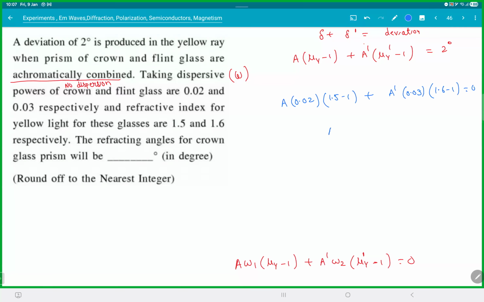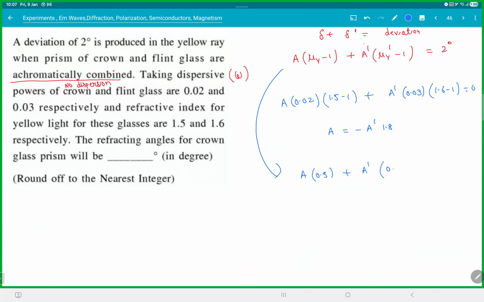This will give you one relation. This is 2, that is minus A dash 3, 0.6, so 1.8. That's one relation. And from here we will get A times (mu yellow minus 1), which is 0.5, plus A dash times (mu dash minus 1), which is 0.6, is 2.